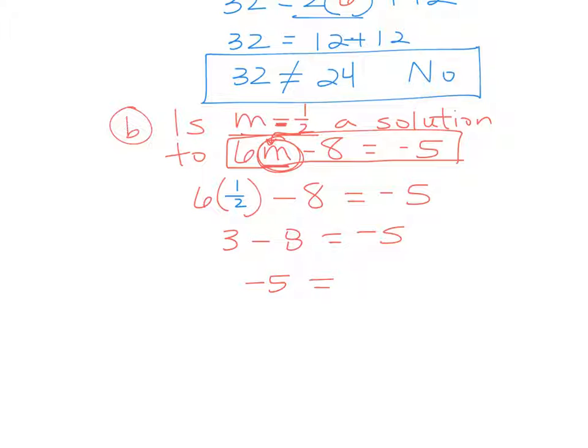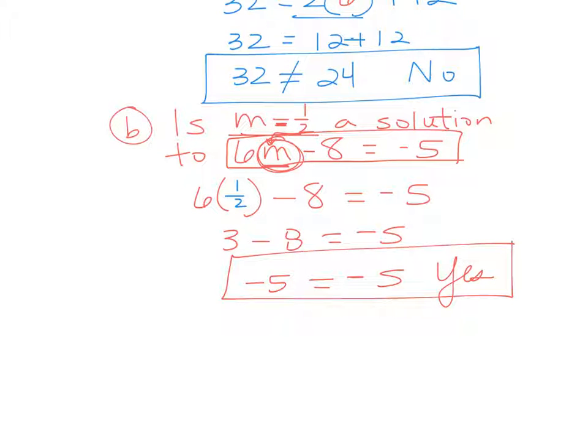Okay, so you get -5 equals -5. So is m equals 1/2 a solution? Yes, because they came out to exactly the same value. Okay, so you're literally just taking values and plugging them in. Okay, last thing, that's the whole lesson.